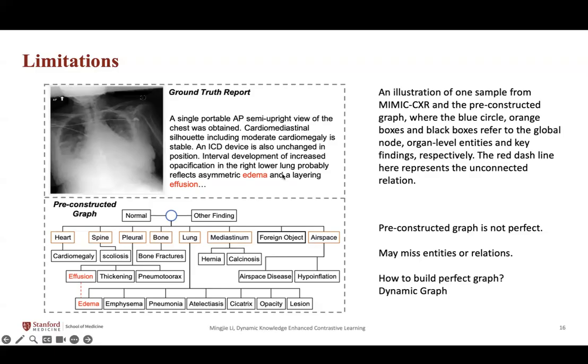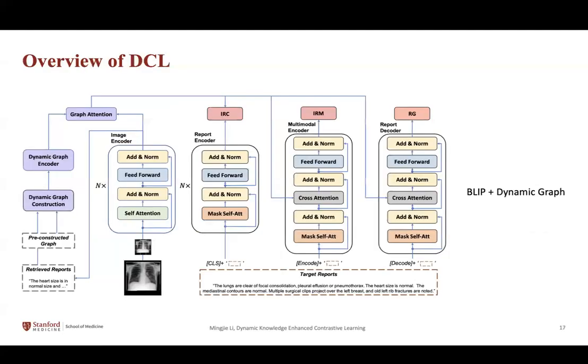However, when we read the report, we can find that they have true connections, or they did affect each other in this report. So it's very important to identify and extract their relations from the images and update the graph to make it a true and comprehensive graph for this case. So that's the motivation of our work.